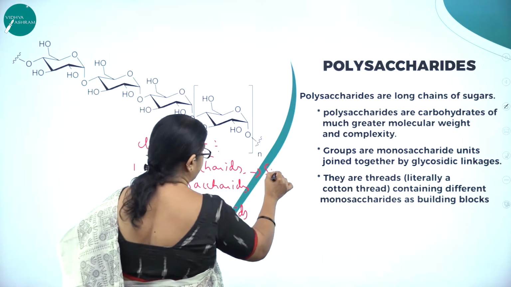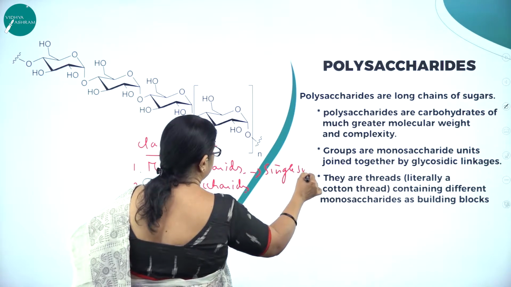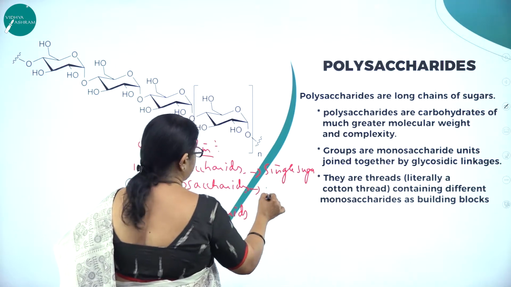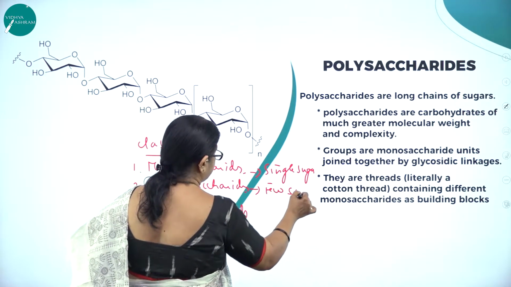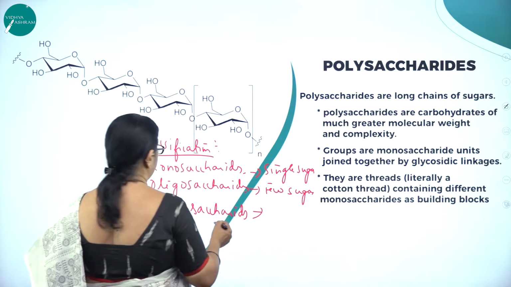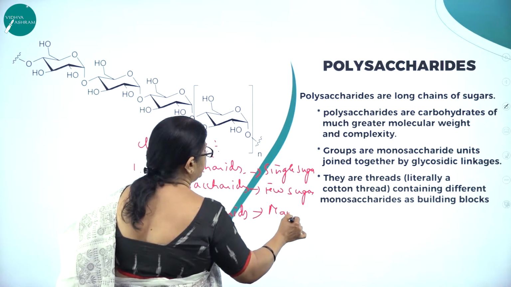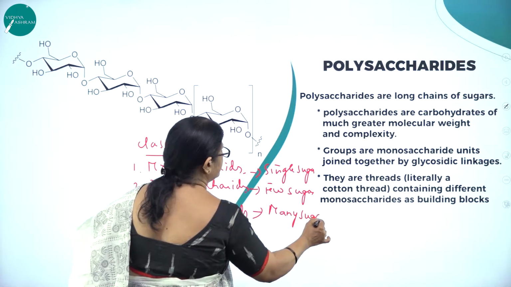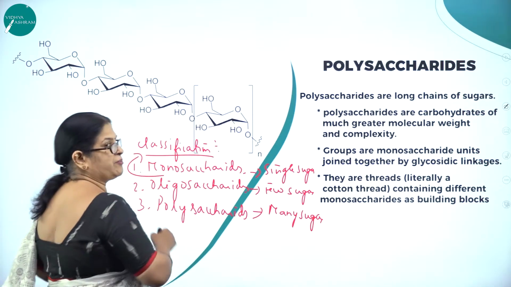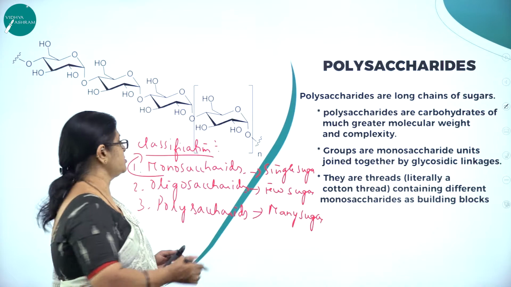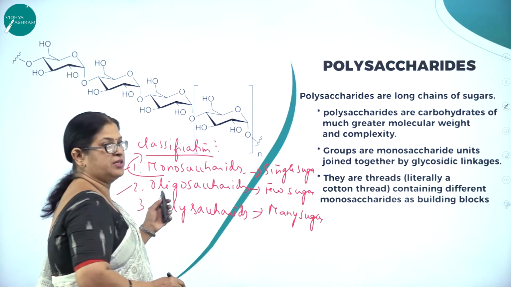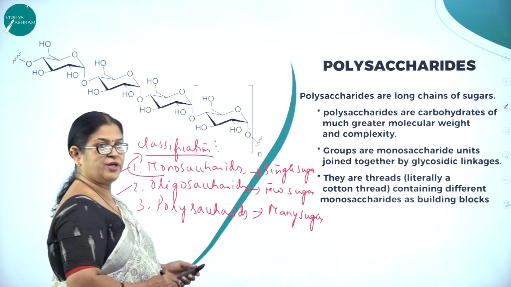Monosaccharides are called single sugars. Oligosaccharides are called few sugars. Then polysaccharides are called many sugars. So the building blocks of carbohydrates are monosaccharides. We have already studied in the previous session about monosaccharides and oligosaccharides.